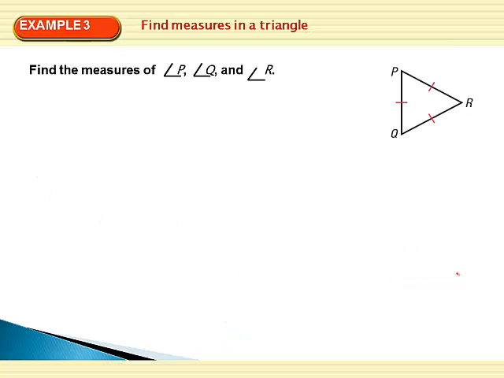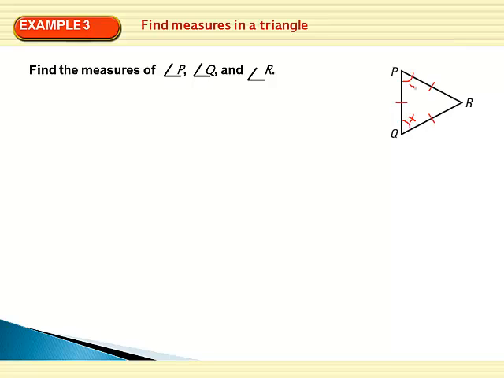So, okay, I'm giving you an equilateral triangle because each one of the sides is labeled congruent. It asks to find the measures of angle P, angle Q, and angle R. There are a bunch of different ways of doing this, but if you notice all the sides are congruent, you can also say that all the angles are equal.